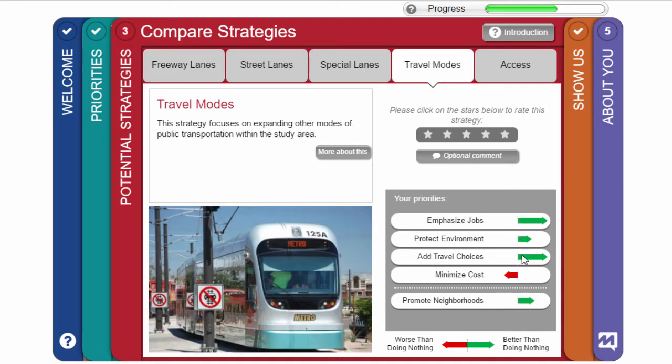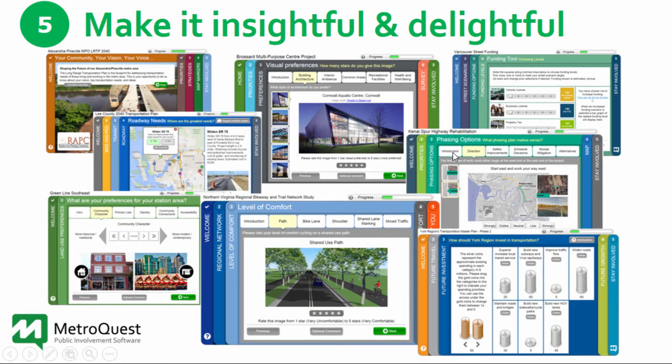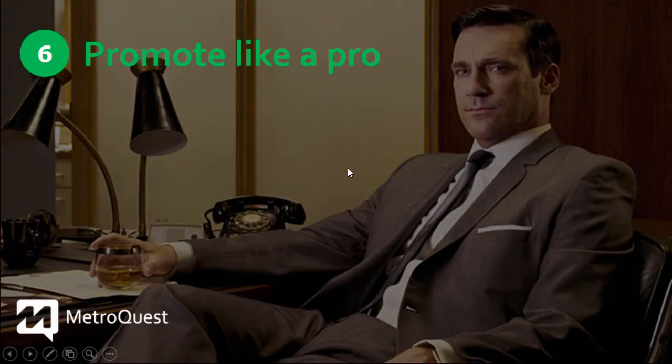This one does really well on my top 3 priorities and poorly on my 4th top priority. So if I say, yes, I like this particular alternative, what I'm saying is I'm aware that there's a trade-off here, but I like the benefits. And that's a really high quality input because people are aware that there's pros and cons to the alternatives. So those were some examples that I thought kind of brought to light this insightful and delightful point here.